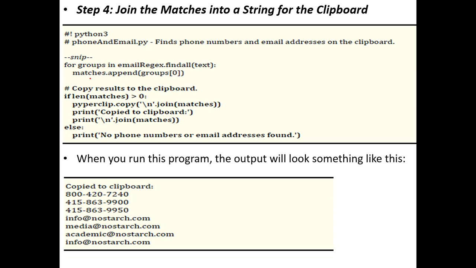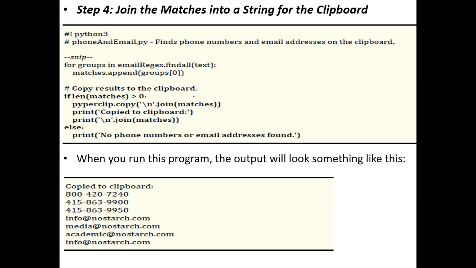After that we want to put them on the clipboard, so we have to paste that content into the clipboard. For that purpose we are going to use the pyperclip copy function, which is going to take only a single string value. It is not going to take a list of strings.